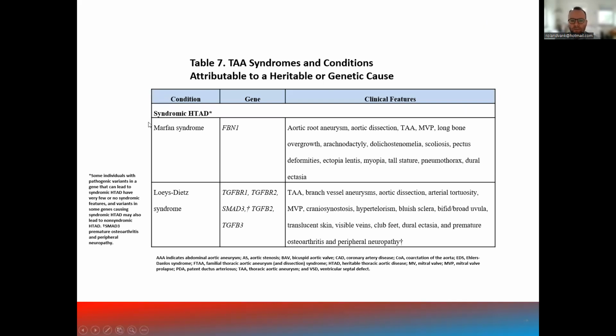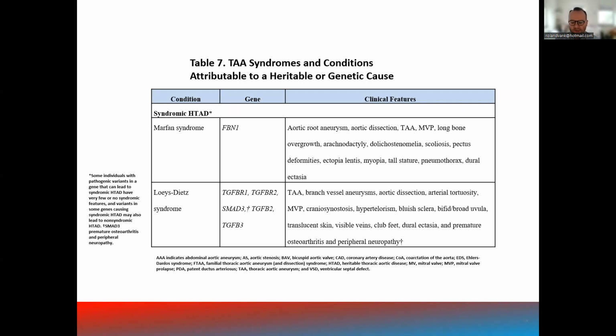Looking more in depth at these causes, if we look at syndromic causes, Marfan syndrome is of course the most known one, and syndromic means that patients have not only cardiovascular disease, but the mutation may also result in complications in other organ systems, and in Marfan syndrome, especially ectopia lentis is well known.